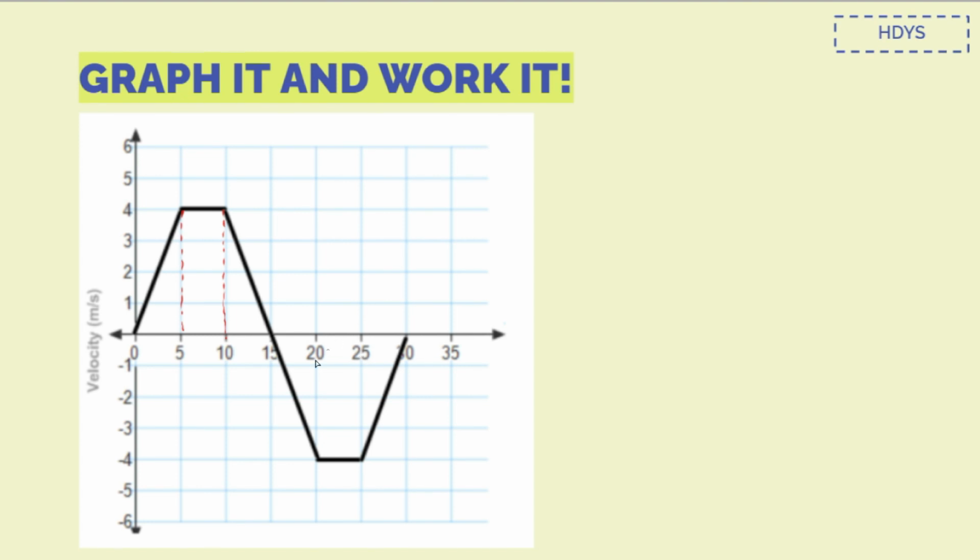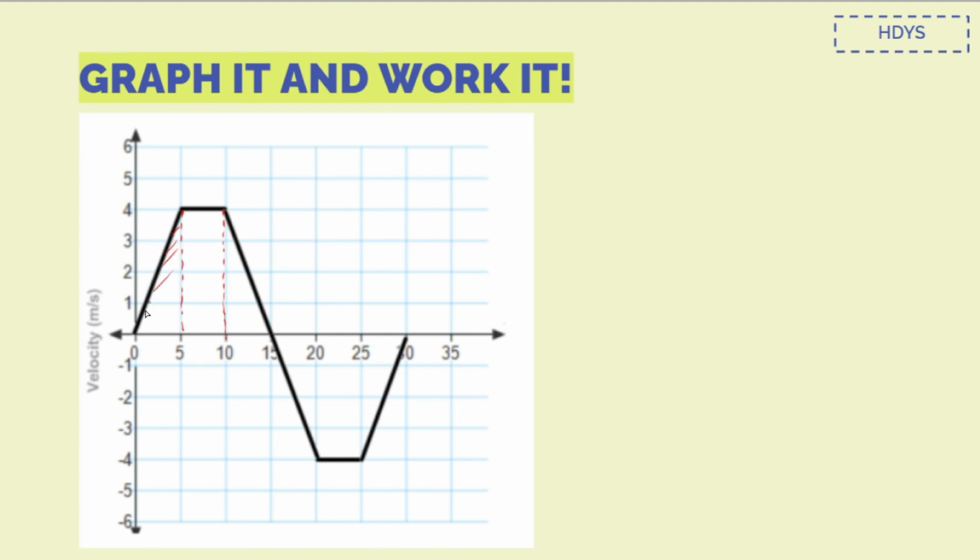Since this is the exact same change as this, then it will just be negative. But since we're looking for distance, the negative doesn't matter, so they will have the same values. You could either use the areas for right triangles and add them up with the rectangle, or you could use the trapezoid formula. I will go through both.